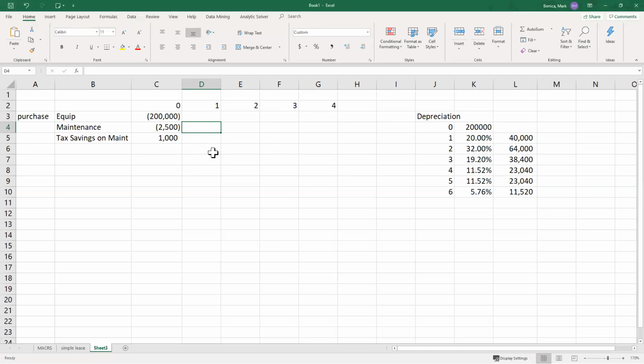The contract is a 4-year contract, with maintenance expenses every year. There's a little bit of a trick here. I pay my maintenance expense at the beginning of each year for the year, effectively on the last day of the prior year. So how far out am I going to copy that?